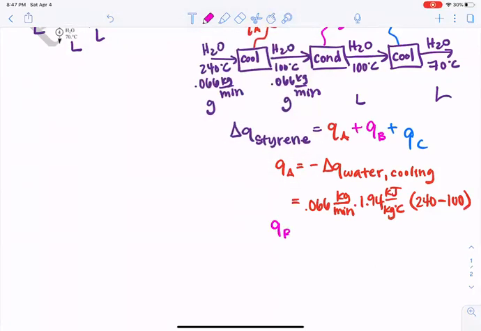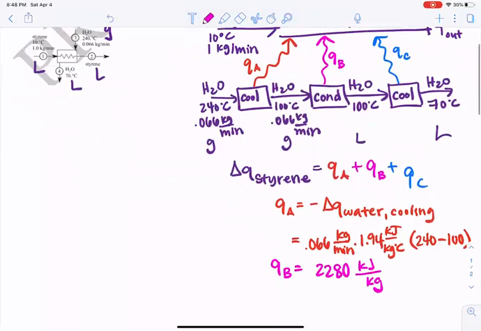QB is how much heat water loses upon condensation. So that will be the heat of vaporization, so 2280 kilojoules per kilogram. And again, if you ever get confused about the sign, you know that the water should be losing heat upon condensation.